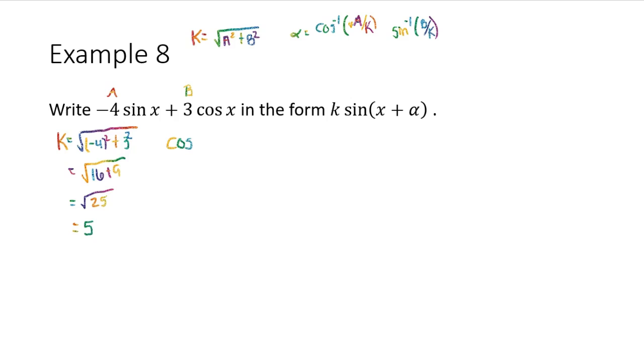The cosine of the angle is going to be -4 divided by 5, and the sine of our angle is going to be +3 divided by 5. Since our cosine is negative and our sine is positive, that puts our angle in quadrant 2.